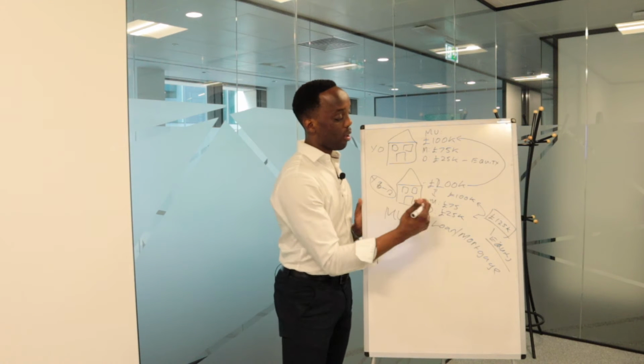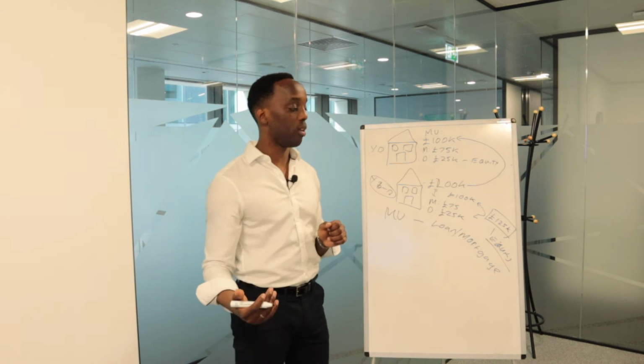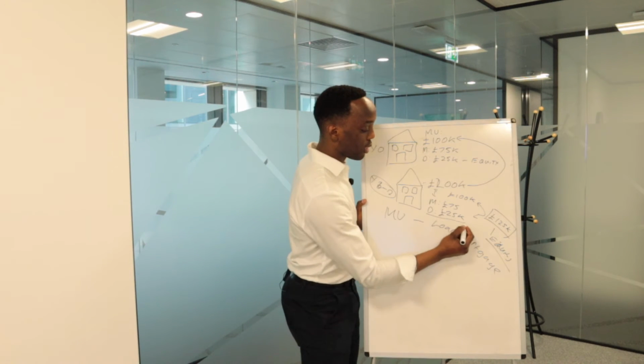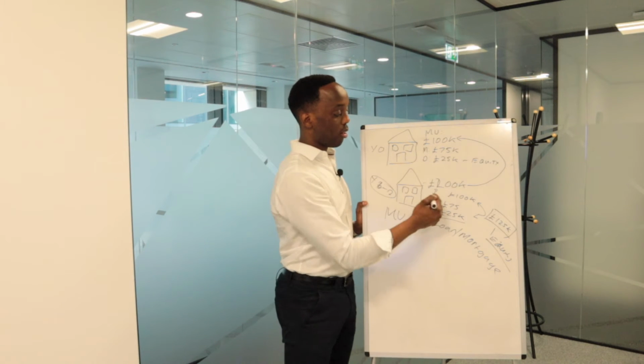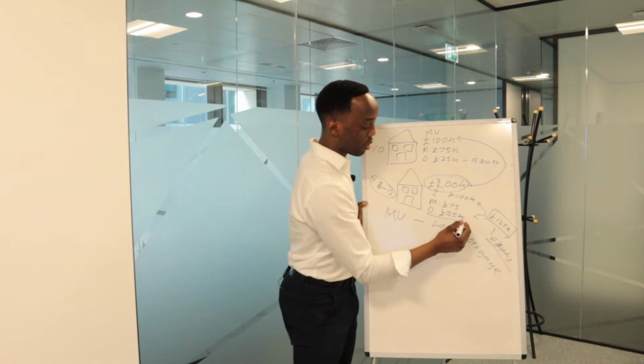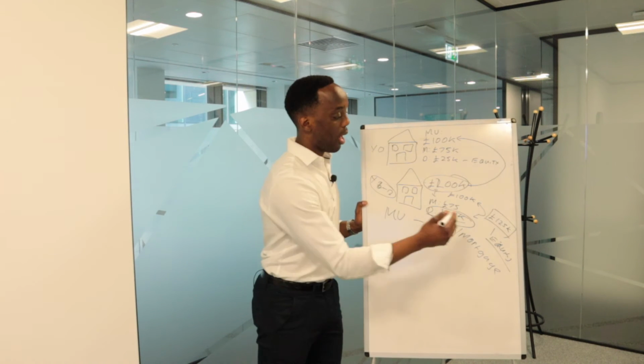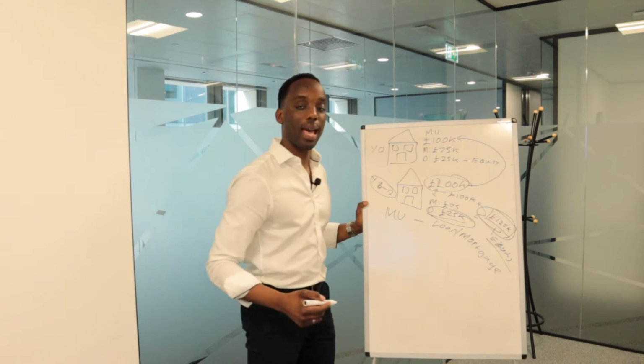In this example, if there is an uplift in value, since your deposit is still in there, you work out the uplift, the new value, plus your initial deposit, and that will give you your new equity position.